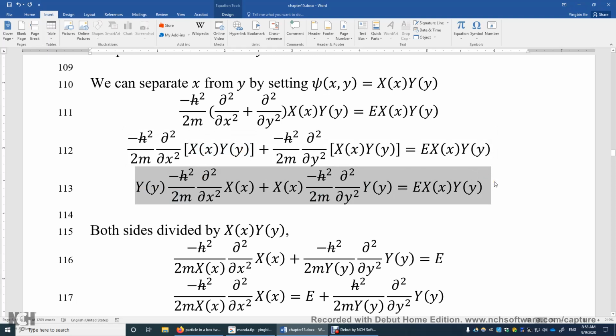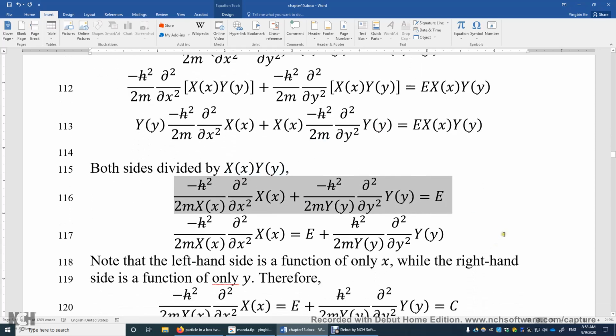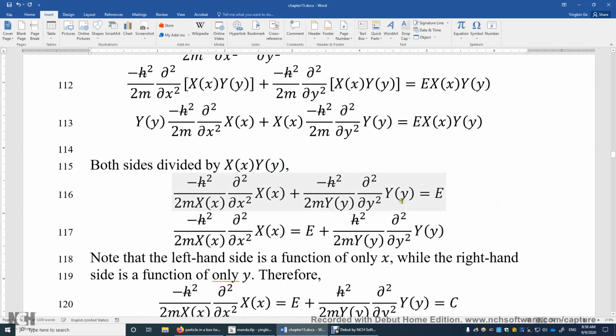After looking at this equation, we realize that it's possible to separate x from y by dividing both sides by the wave function psi, and psi is X times Y. So we're going to divide both sides by X times Y. We got this equation. And then we can move this part to the right-hand side.